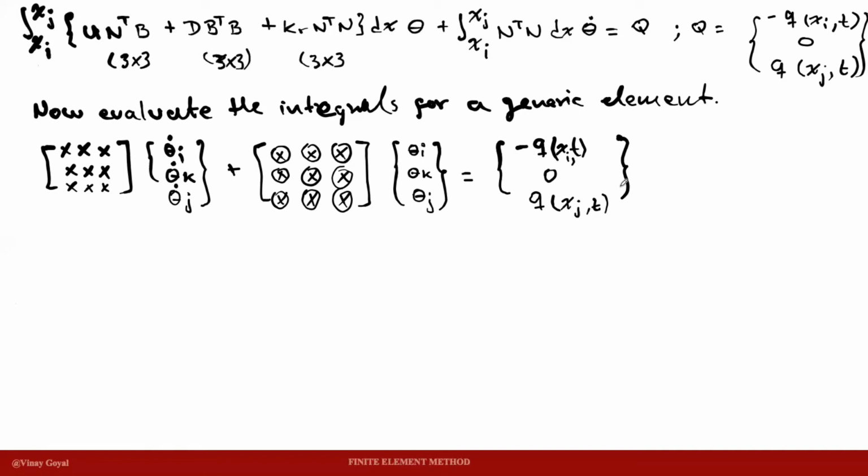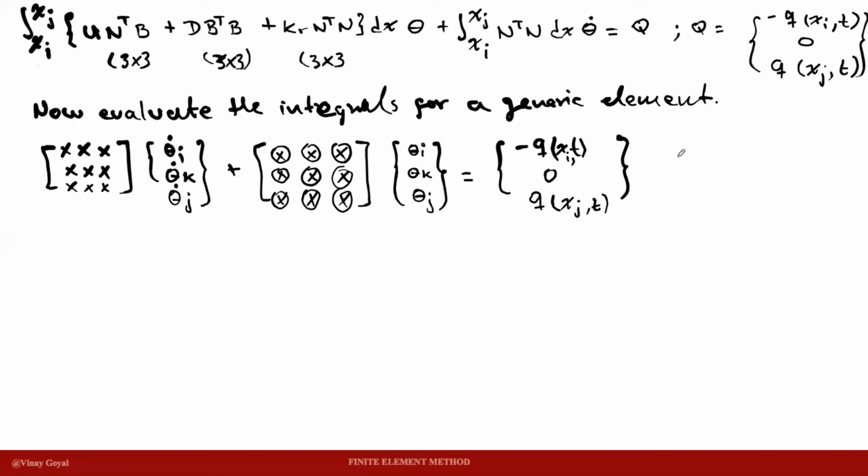So since we are using two elements, the global assembly will consider these two elements only, right?